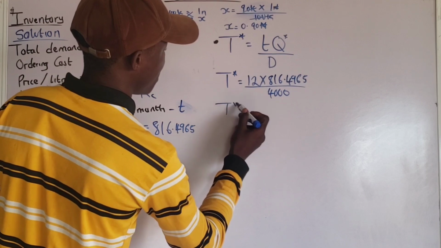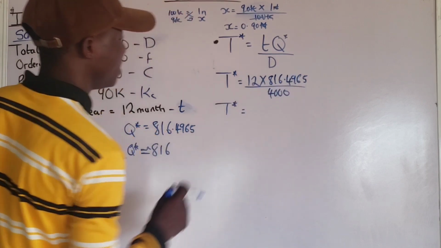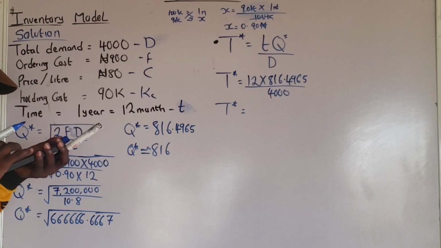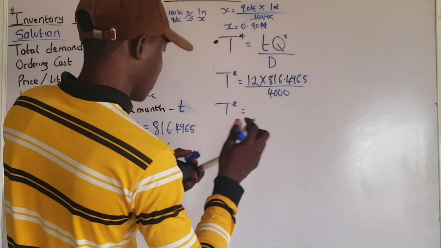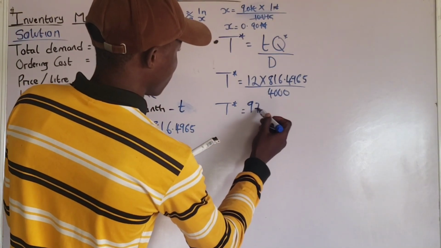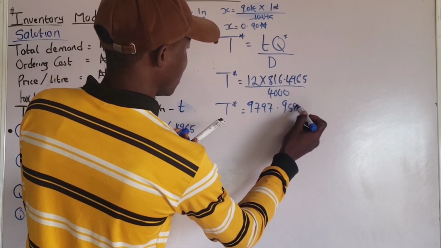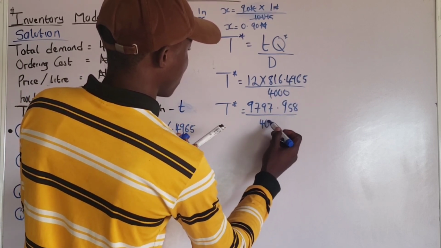Okay, so here I'm going to have 12 multiplied by this. That is 9,797.958 all over 4,000.